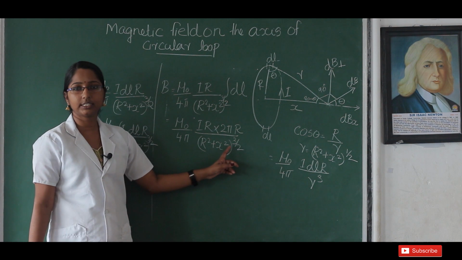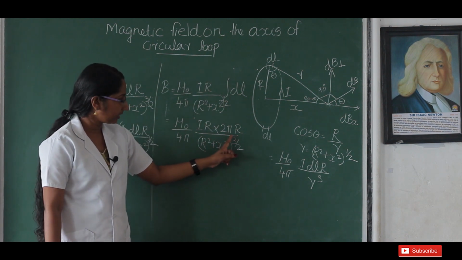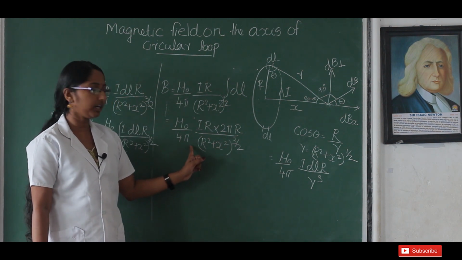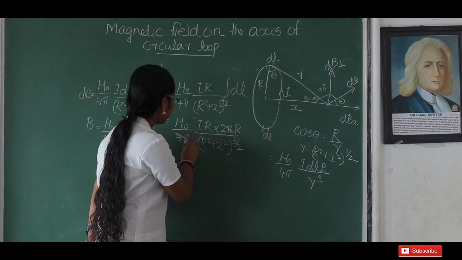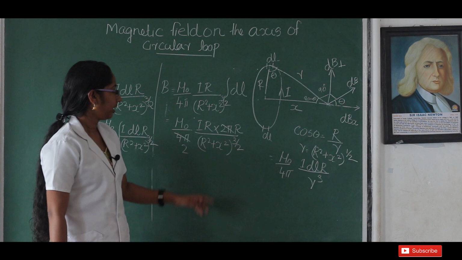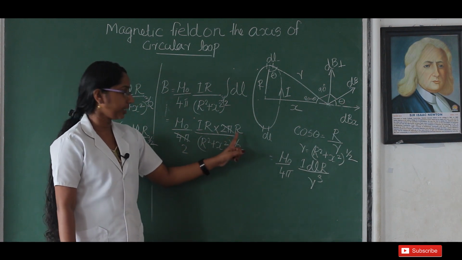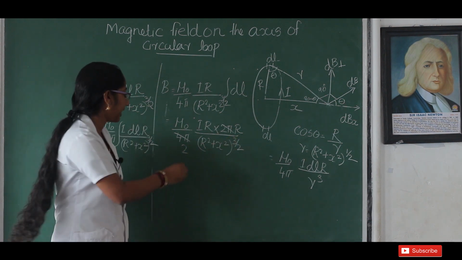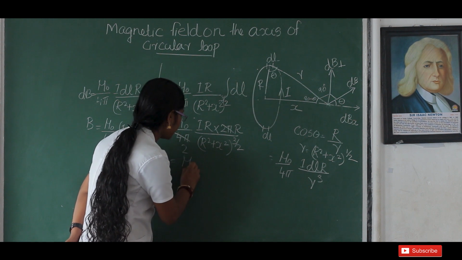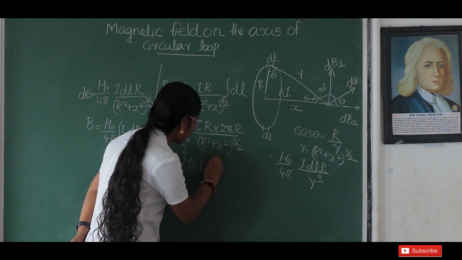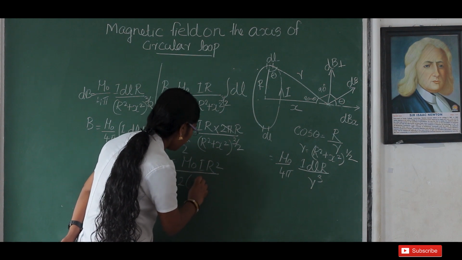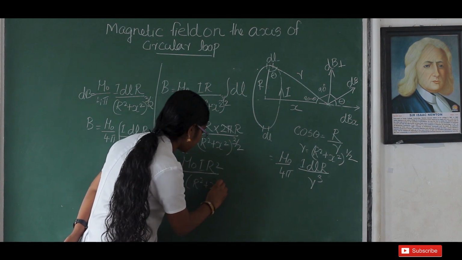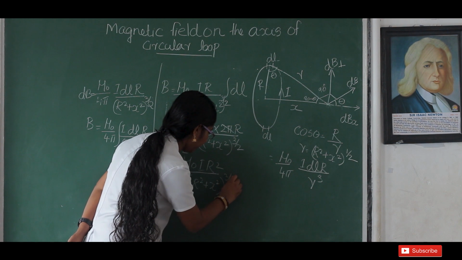Then on looking at this, we can cancel this 2 pi, and here is 4 pi, so it becomes 2. And we know there is r into r. So we can write it as mu 0 I r square divided by 2 into r square plus x square raised to 3 by 2.